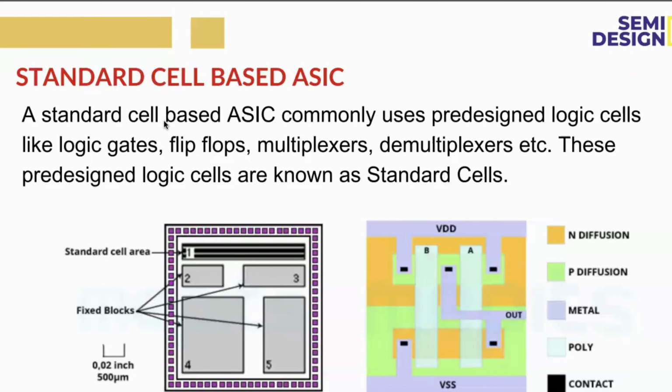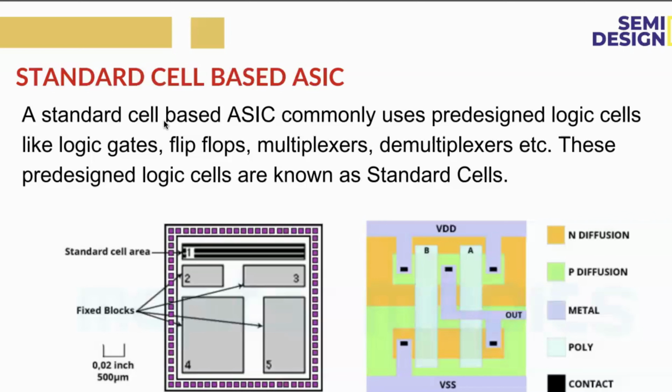The larger standard cells we can also call mega cells. Full custom blocks or fixed blocks, mega functions or system level macros, we can call like this. Whatever you see here, the standard cell area and the fixed blocks we have taken, all these are connected on the right side.